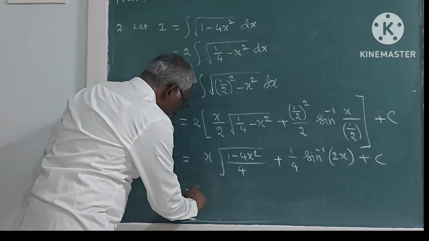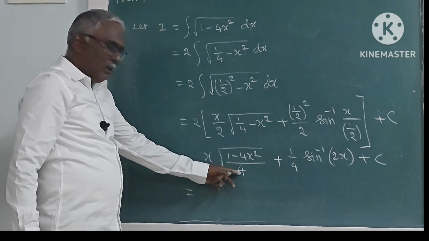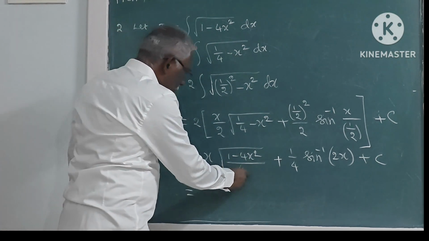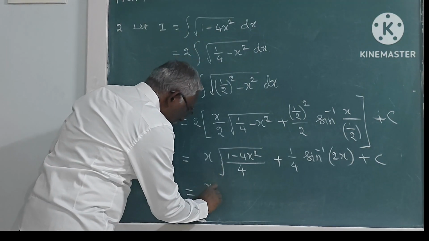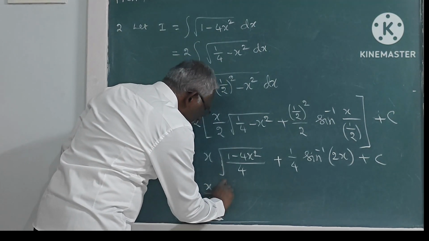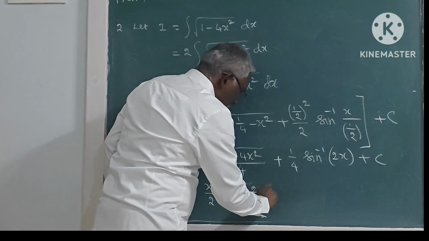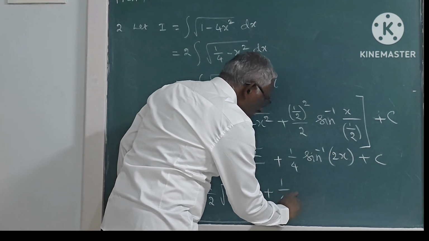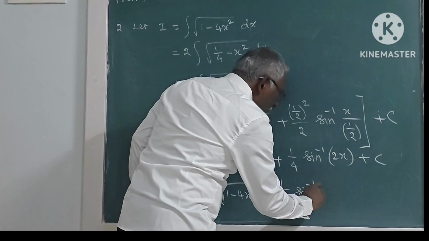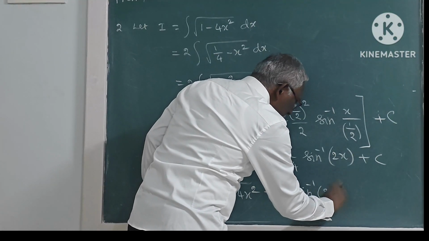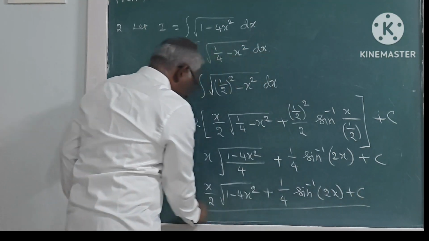When you take 4 outside the square, that becomes 2. So x by 2 square root of 1 minus 4x square plus 1 by 4 times sine inverse of 2x plus constant.